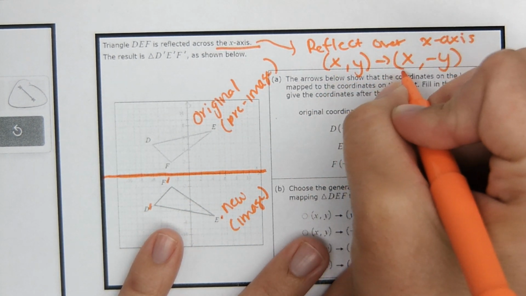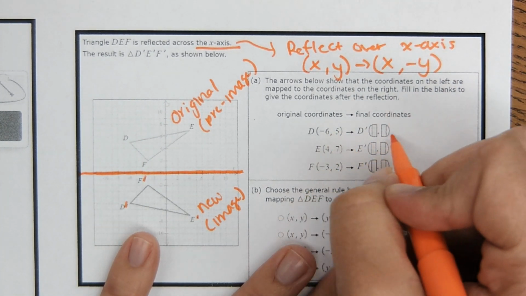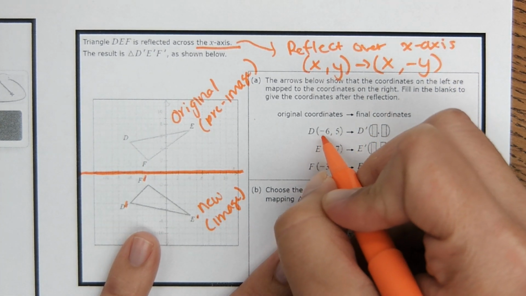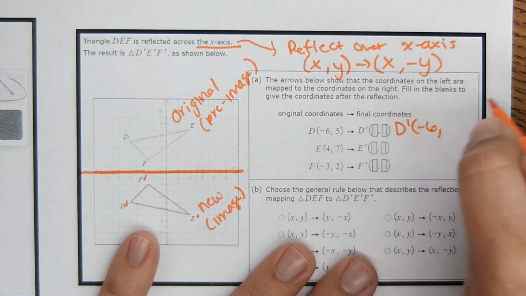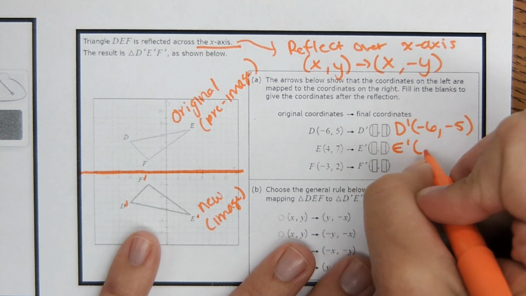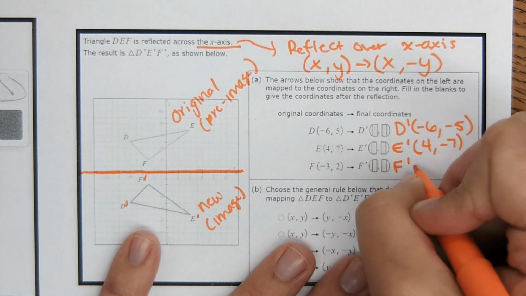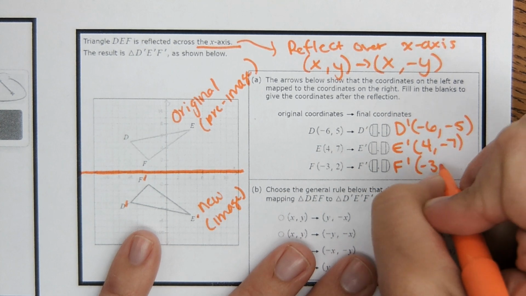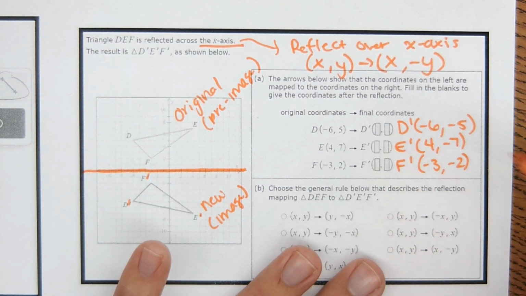So x stays the same and then y changes to the opposite sign. So we're going to use that here. So our original D and then D prime, x stays the same, y changes sign. E prime, x stays the same, y changes sign. Like that. And then here are our new coordinates that we type in the box.